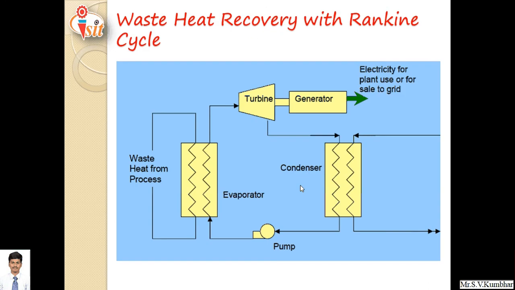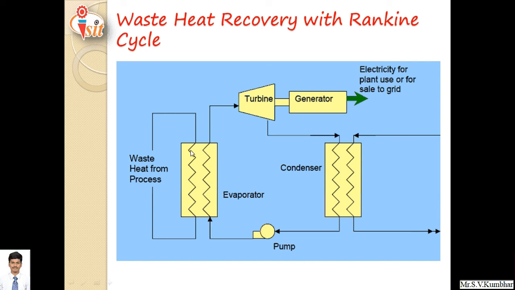Waste heat recovery can also be done with the Rankine cycle. In the Rankine cycle, generally an evaporator is provided. With the help of the condenser, heat is used. The high pressure, high temperature vapors of refrigerant flow through the evaporator.